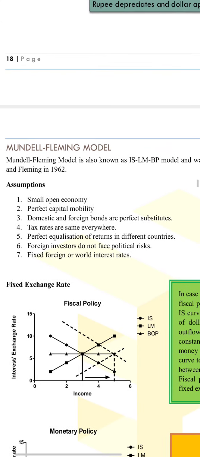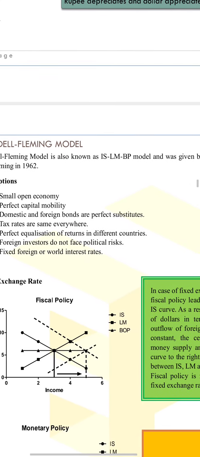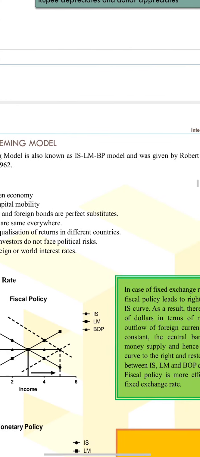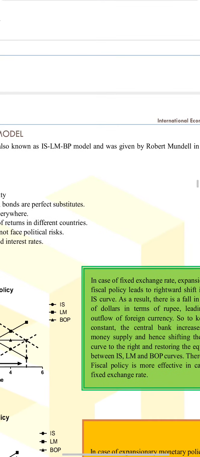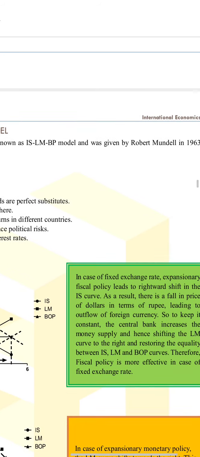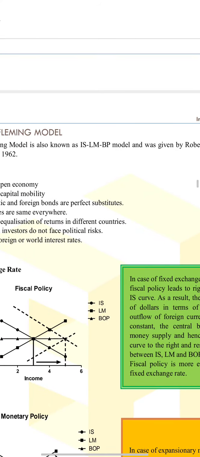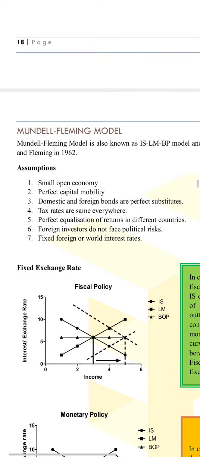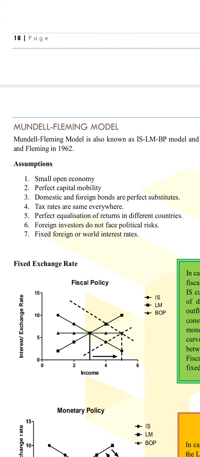Next, the Mundell-Fleming model, also known as the IS-LM-BP model, was given by Robert Mundell in 1963 and Fleming in 1962.